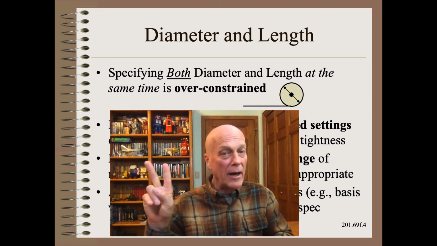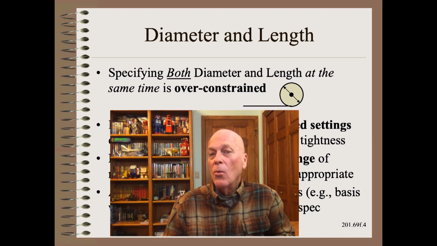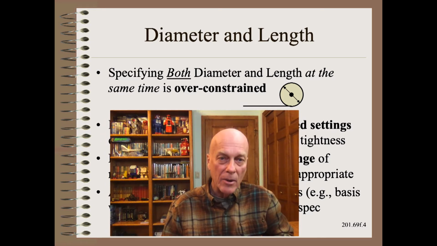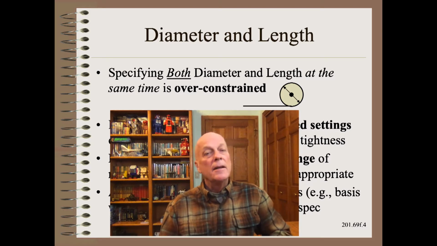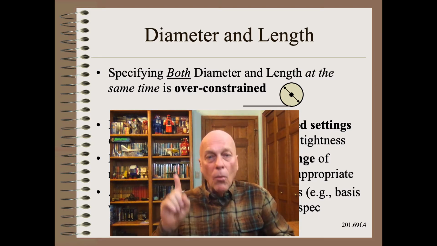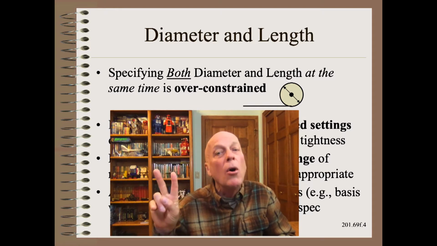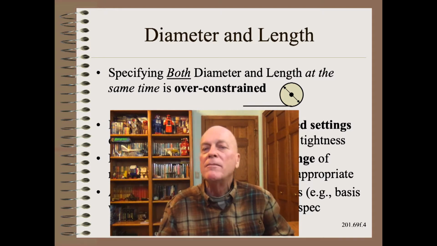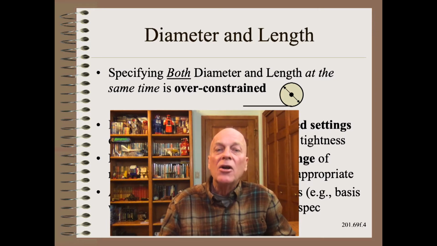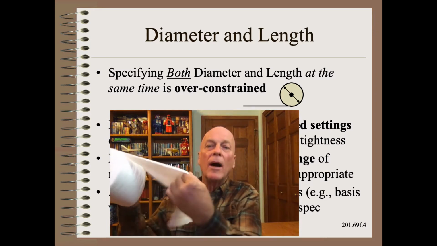Fix any 2 parameters for a given incoming web, and the 3rd parameter becomes unchangeable. To get around this, we can fix 1 to tighter specs and let the other 2 float within some hopefully reasonable range to accommodate incoming web variability.